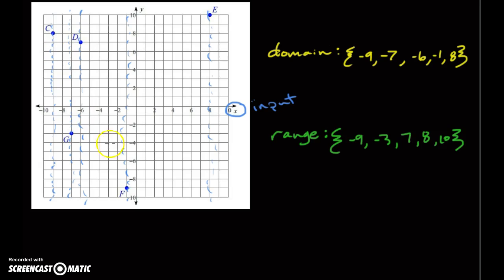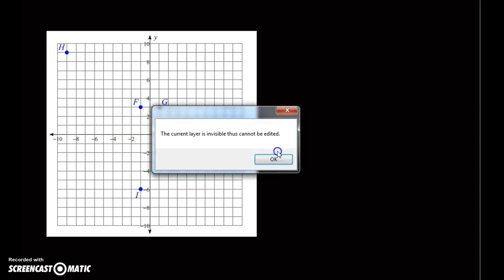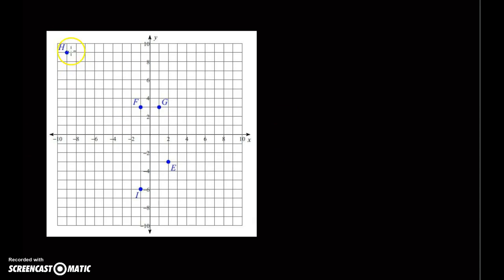One more example of graphs. So let's see what this other example looks like. Here we've got 5 points, and we're trying to identify whether or not the relation is a function. We'll do the same thing. We'll just dot these lines and see if there are 2 points on the same dotted line. So we're dotting at -9, no 2 points. Then our next point here is I, and when we dot, you can see that I and F are both on when x is -1.